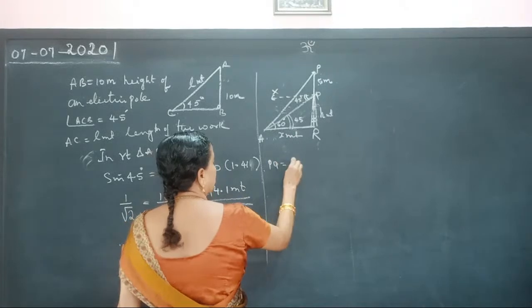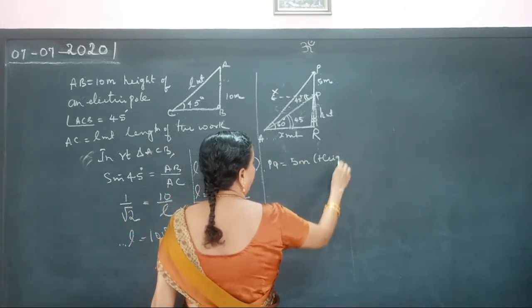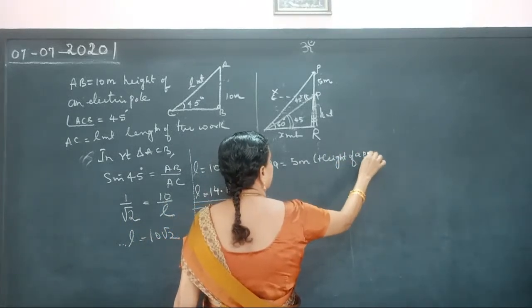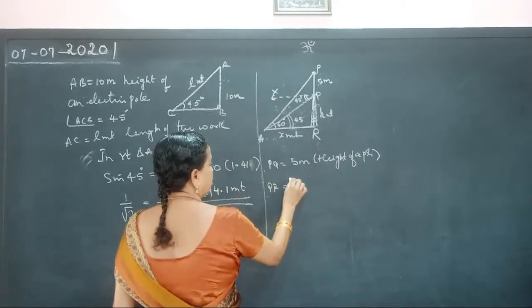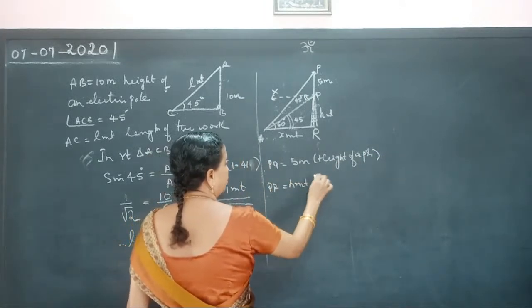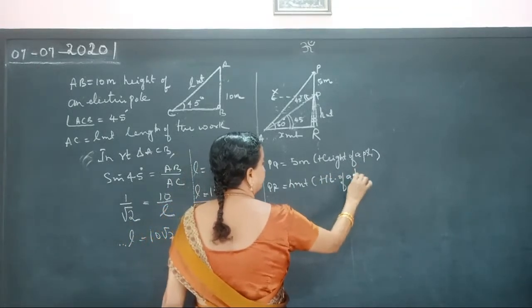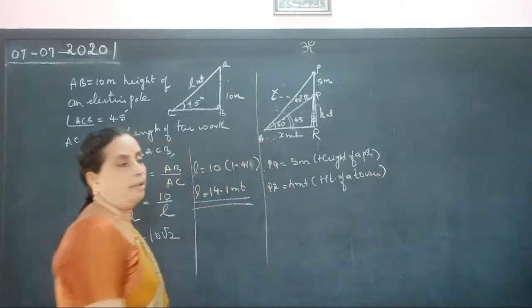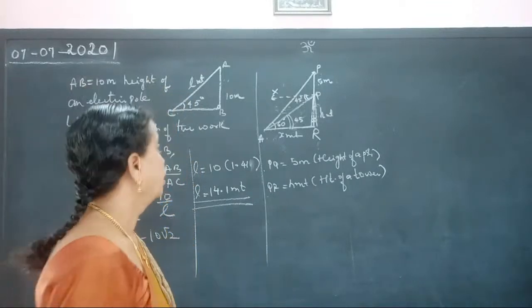PQ equals 5 meter, height of a pole. QR equals h meter, height of a tower. Clear? A 5 meter pole is fixed on h meter tower.